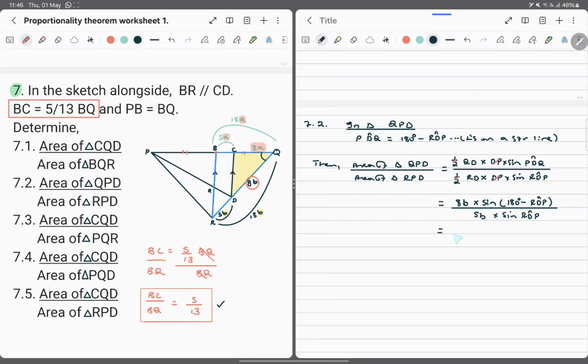Okay, simplify further. This is 8B times sine of 180 minus, it's a reduction, same formula, sine positive in the second quadrant. So this is the sine of RDP, all divided by 5B times the sine of RDP.